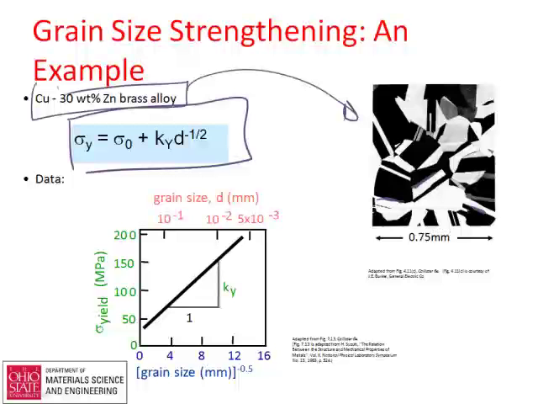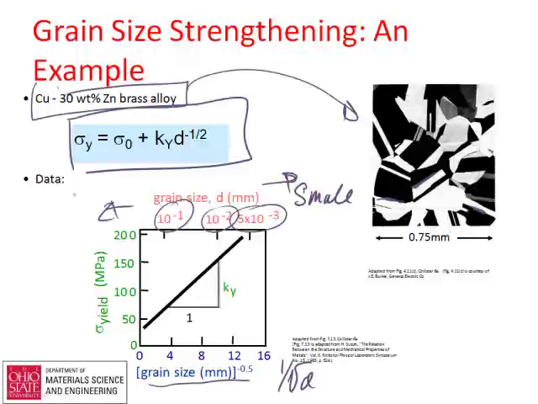And so here we see this term 1 over square root of D. Here you see the grain size. This would be fine grains, medium grains, coarse grains. So you have small going this way, large going this way.